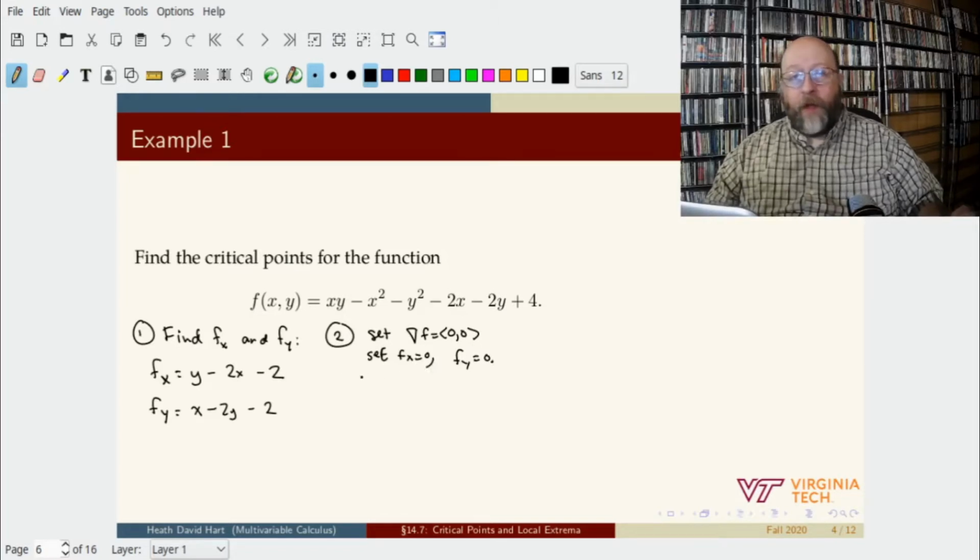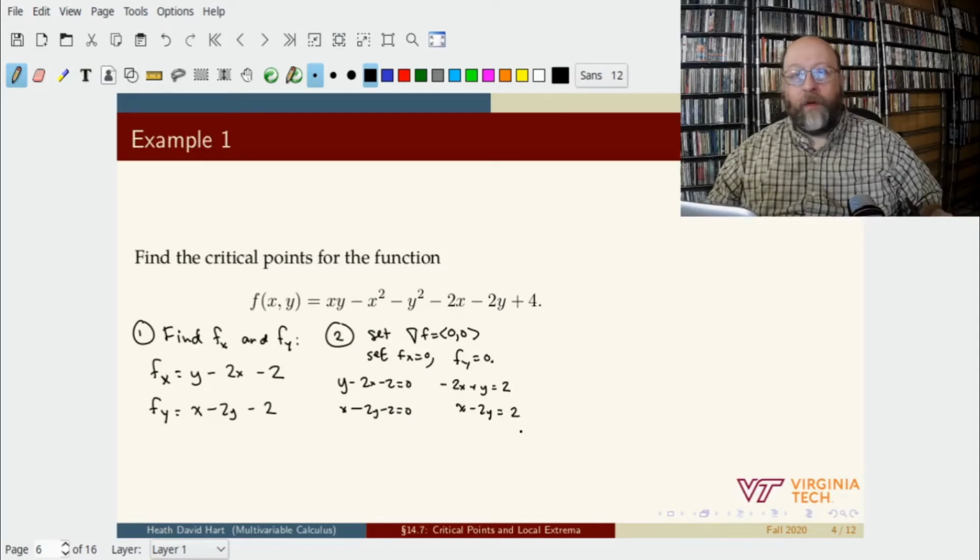So this is y minus 2x minus 2 equals 0. If I rearrange some terms here, this is negative 2x plus y equals 2. And then the other equation is x minus 2y minus 2 is equal to 0. Well, that's just x minus 2y equals 2, bringing the 2 over to the other side.